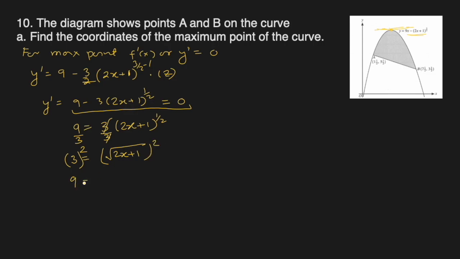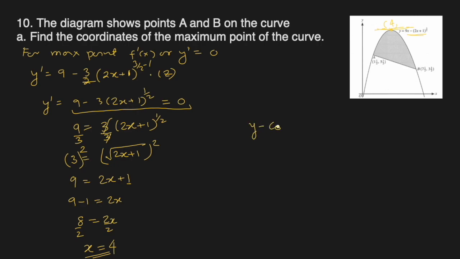So 9 is equal to 2x plus 1. 1 can go to the left side, so 9 minus 1 equals 2x. 8 equals 2x, and if we divide both sides by 2, x comes out to be 4. So this is the x coordinate of the maximum point here. So 4 is the x coordinate.